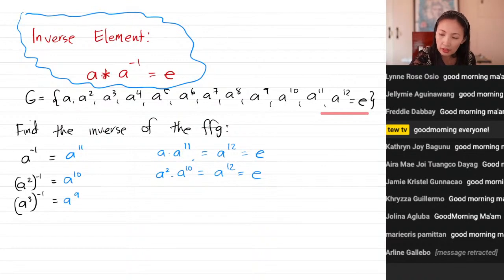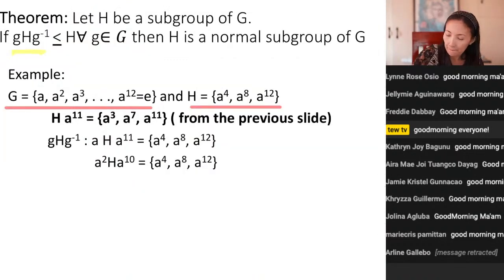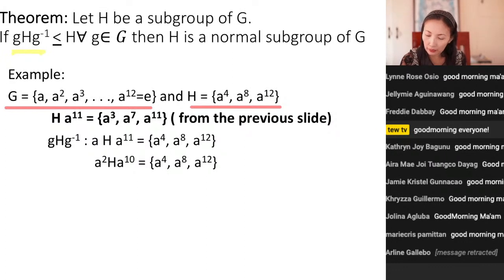So, how do we make use of the theorem to show that H is a normal subgroup of G? By the condition given in the theorem, g times H times g inverse, with respect to our previous problem, g and H: a, which is an element of G, times H a to the 11. Why 11?